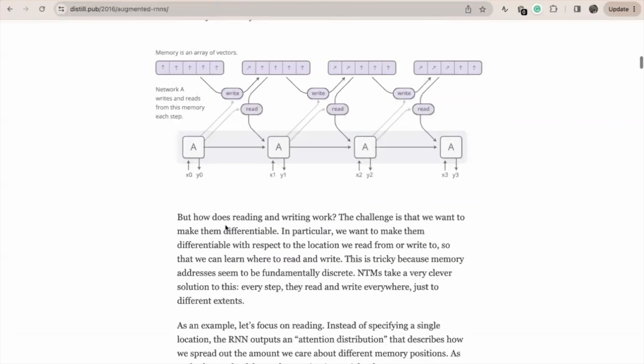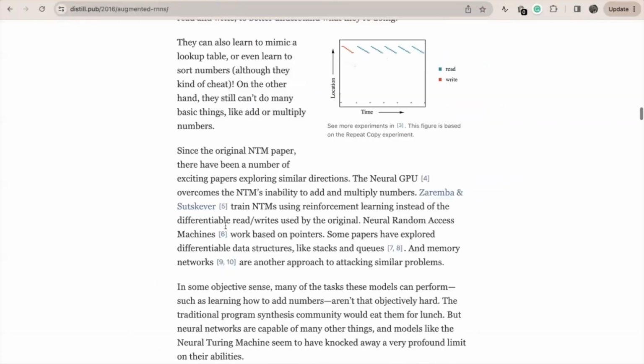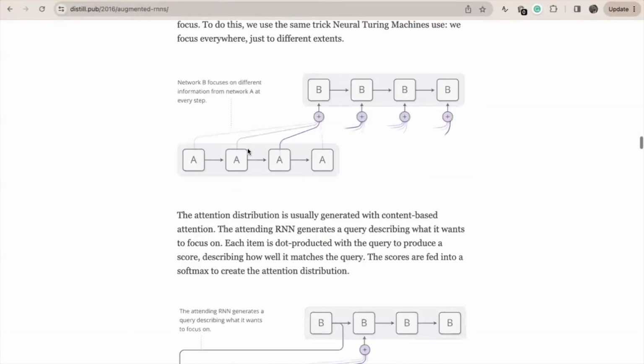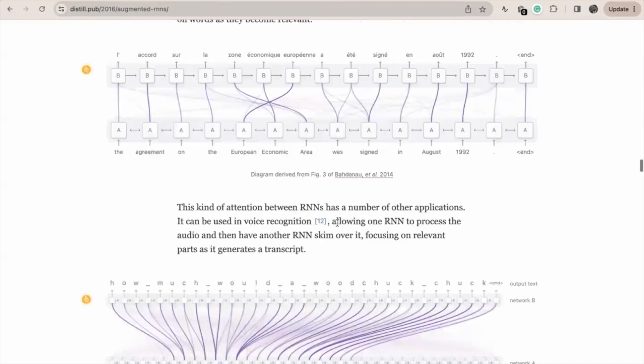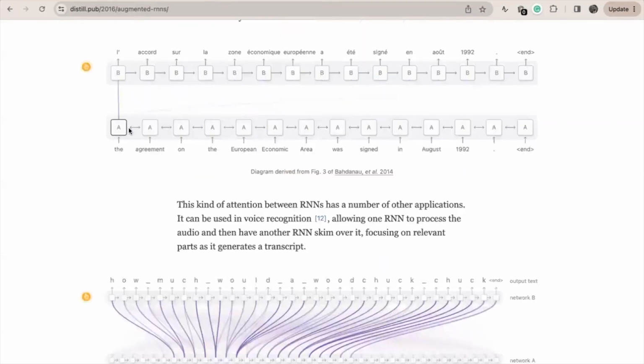Here you can see. You can also play around with it. I also shared the link in the chat yesterday. If you have attended it, you must have got it. Here is a sentence that says the agreement on the European Economic Area was signed in August 1992.